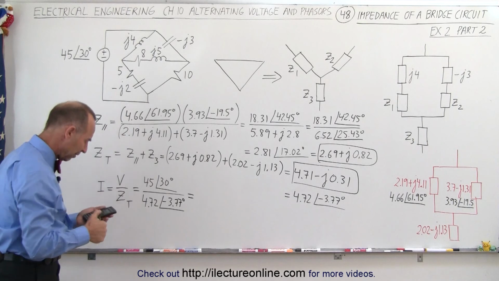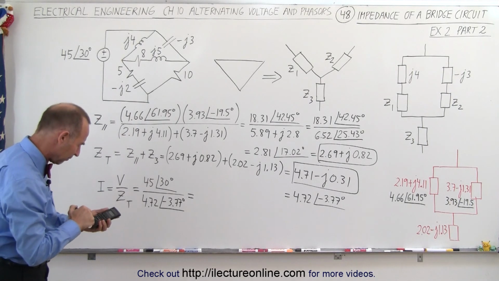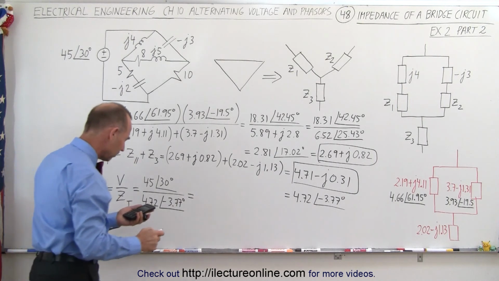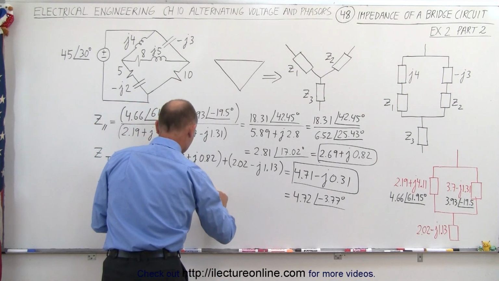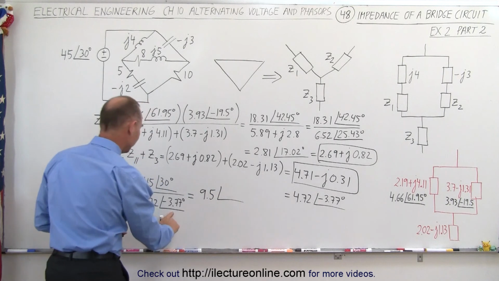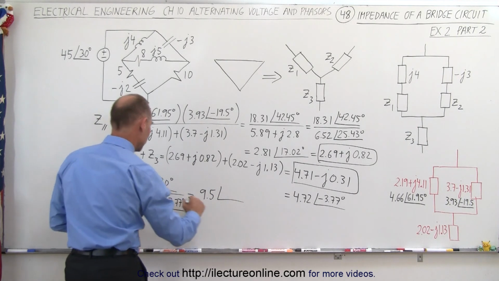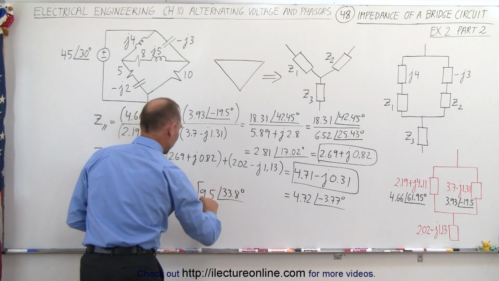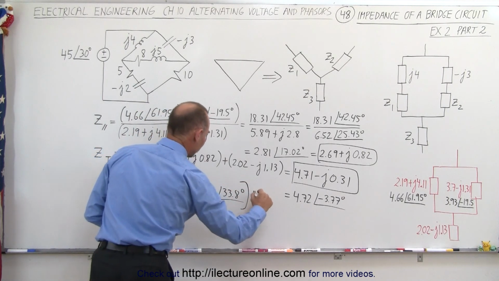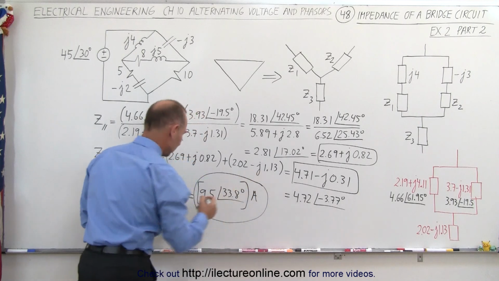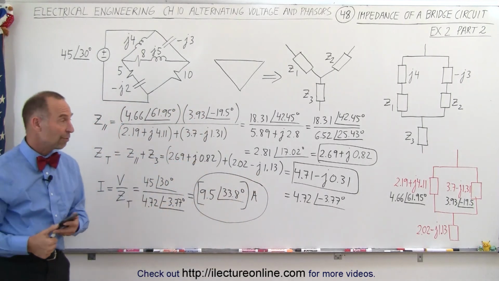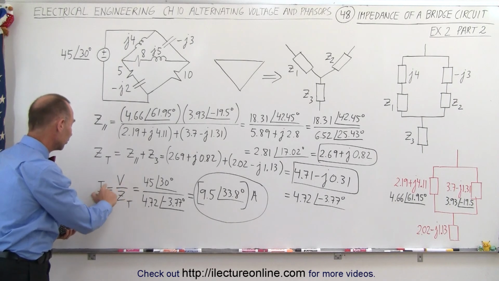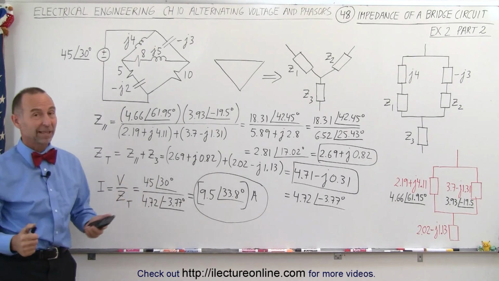And so we get 45 divided by 4.72, that gives us 9.5 with a phase angle of, let's combine that, 33.8 degrees. And of course, that would be in the form of amps. And this would be the current in the circuit after we find the impedance of the bridge circuit, and then we divide that impedance into the voltage to get the current. That's how we do that.